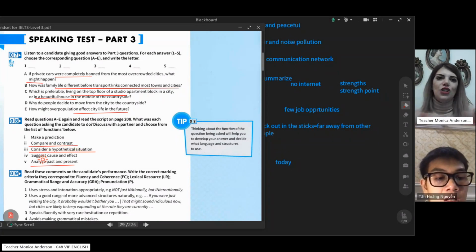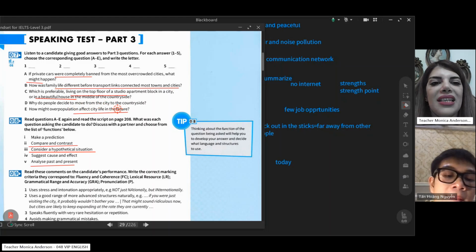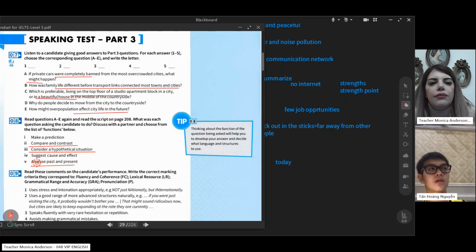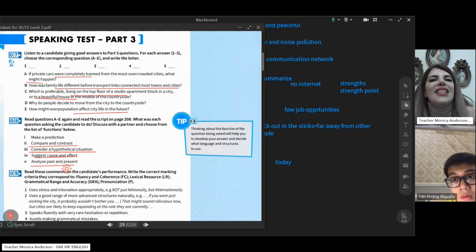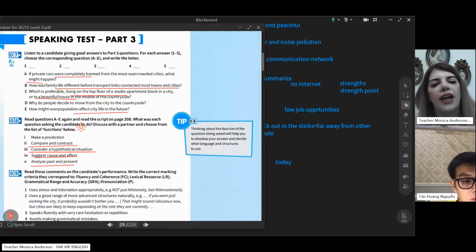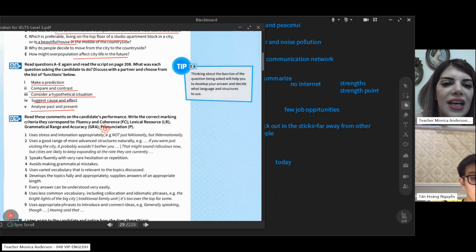Of course we need to compare them. And why do people decide to move from the city to the countryside? Why? I think it suggests cause and effect. Of course, it suggests cause and effects. Why? Cause and, of course, its effects. And the last one, how might, as you told me, make a prediction. Okay, this is about the future.